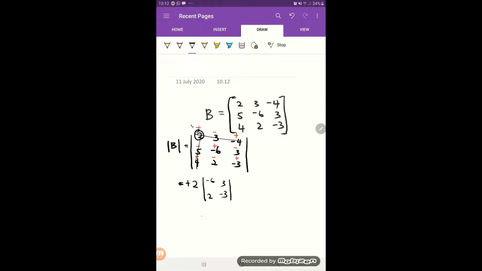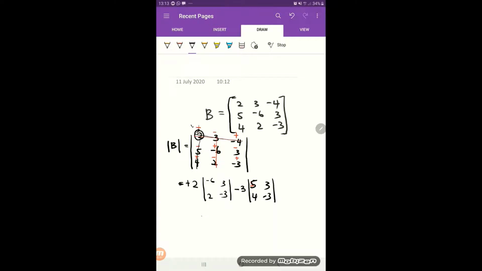And then do the similar thing for A12. The sign of A12 is negative. A12 is 3. By using the red color here, we delete the first row and the second column. The numbers not deleted by the red color are 5, 3, 4 and negative 3.